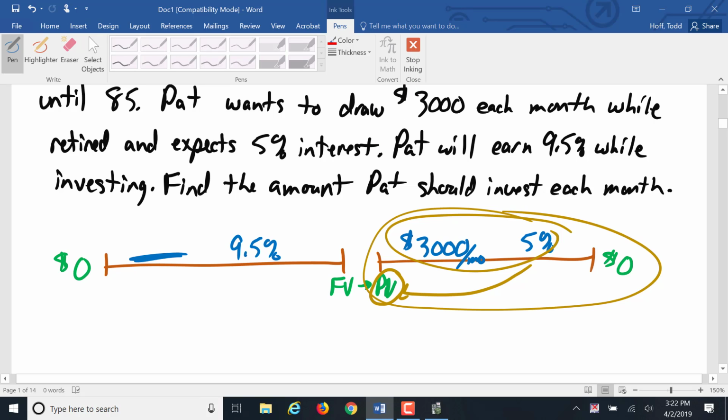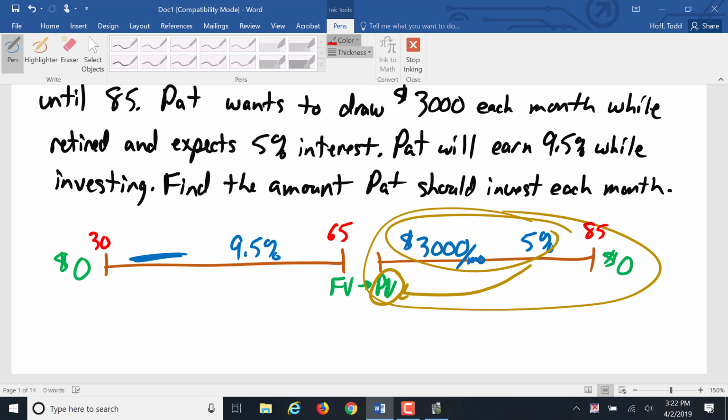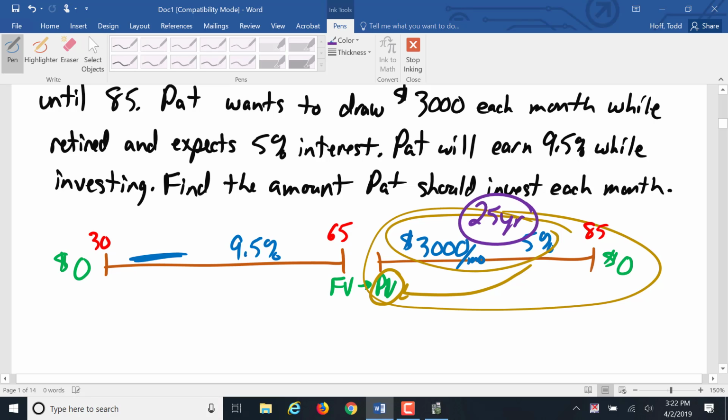Now the ages here, this is 30, this was 65, and this is 85. So that's going to give us 20 years during the liquidation and 35 years during the accumulation.